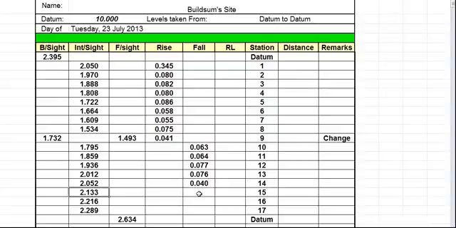That minus that gives us a negative of 81. That minus that is just a negative of 83. So all the negatives go in the fall column, and that minus that gives us a negative of 73 mil, 0.073, and that minus that gives us a negative of 345 mil, so 0.345.